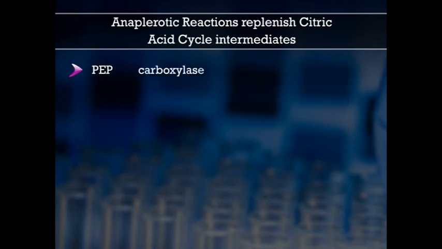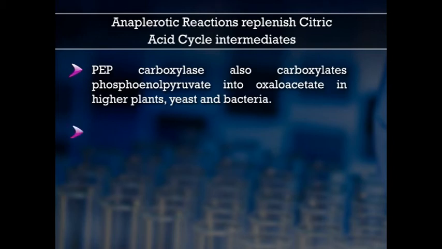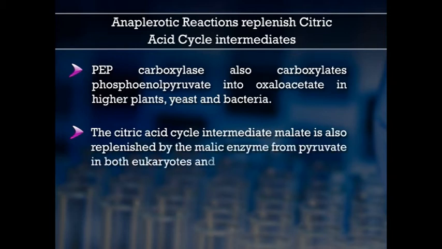PEP carboxylase also carboxylates phosphoenolpyruvate into oxaloacetate in higher plants, yeast, and bacteria. The citric acid cycle intermediate, malate, is also replenished by the malic enzyme from pyruvate in both eukaryotes and prokaryotes.